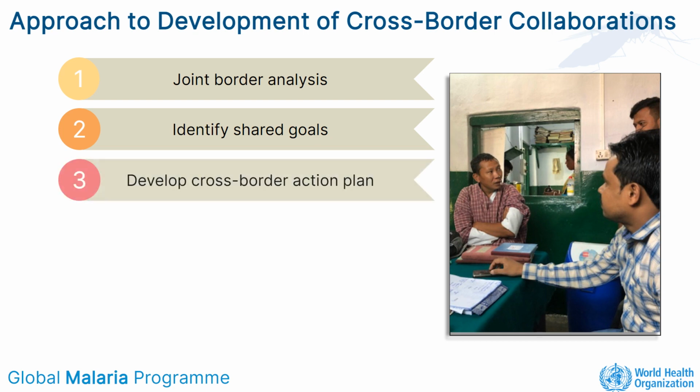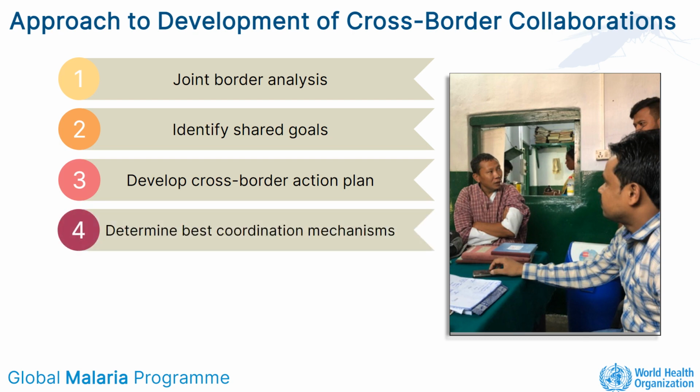Once the goals have been clarified, an action plan can be developed identifying the shared or coordinated activities. Coordination mechanisms are critical and may need to operate at different levels. At the national level, there may be existing regional coordination mechanisms that can be used. These may include regional program manager meetings held by WHO or other institutions.